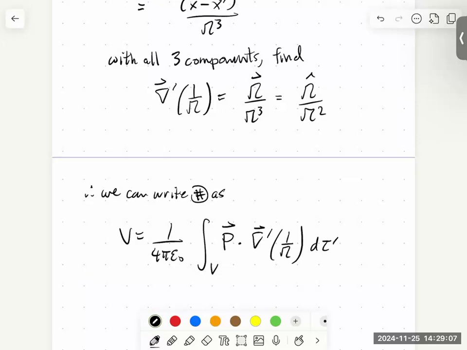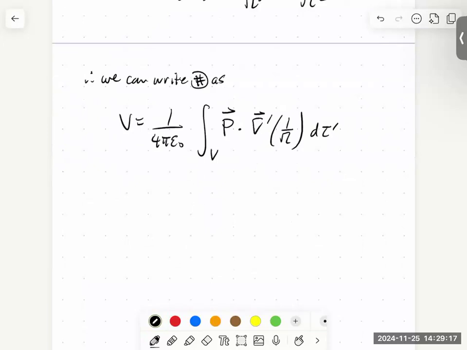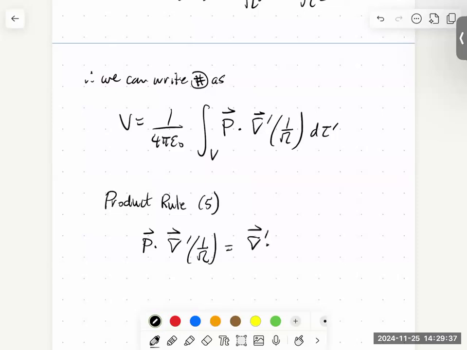All right. Before we get to the divergence theorem, we have to do some gymnastics with a product rule. So product rule 5 from the front cover of Griffiths says that this dot product with the gradient can be expressed as, let's see, I don't have these memorized. It's the divergence of the polarization over script r.